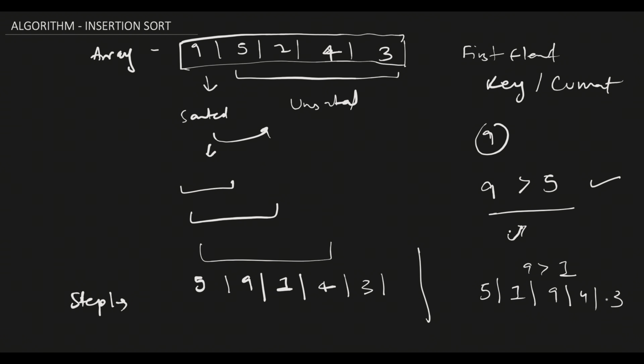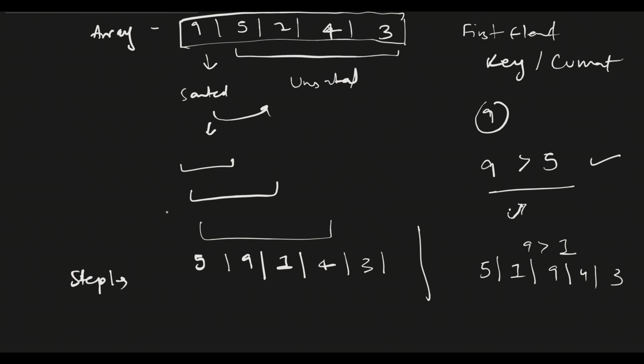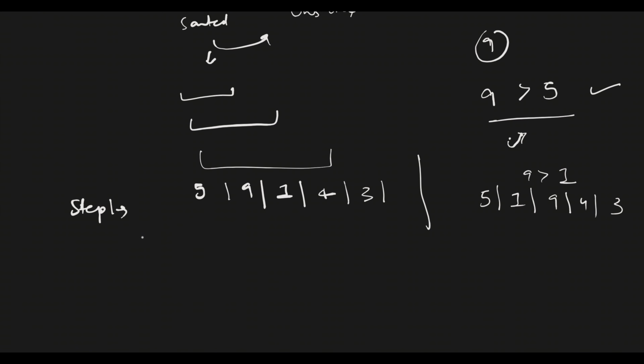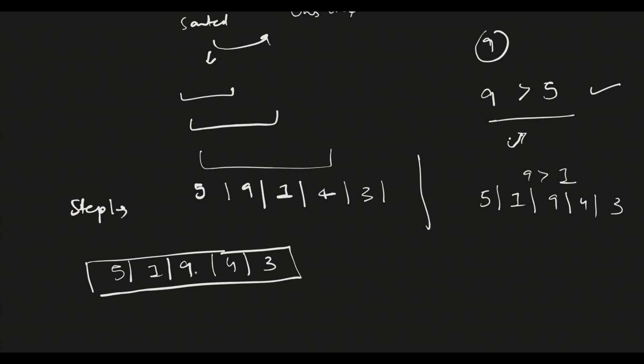Next, I will again increase. Now in this next loop, I will check again. Here it is 5, 1, 9, 4 and 3, but I also see that my 5 is greater than 1.